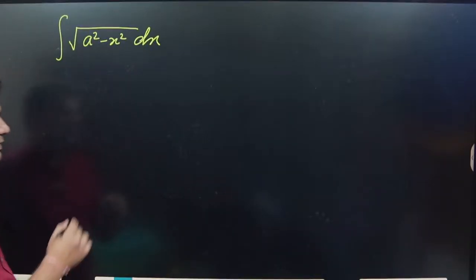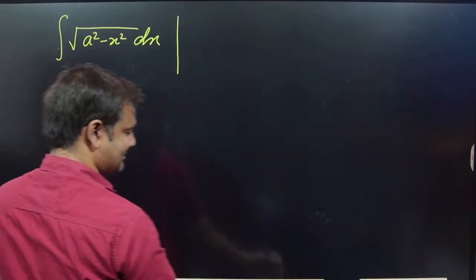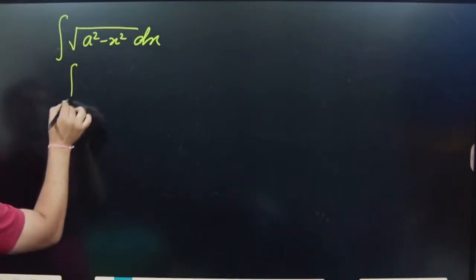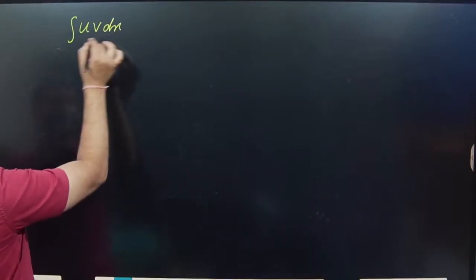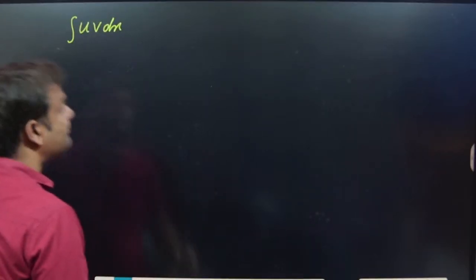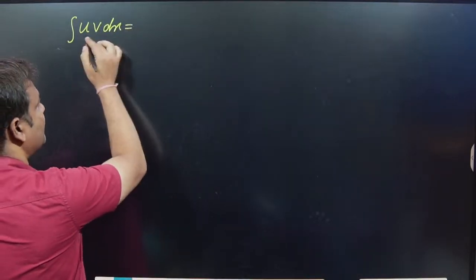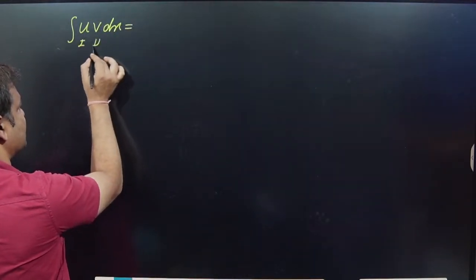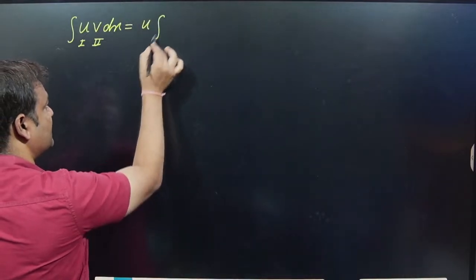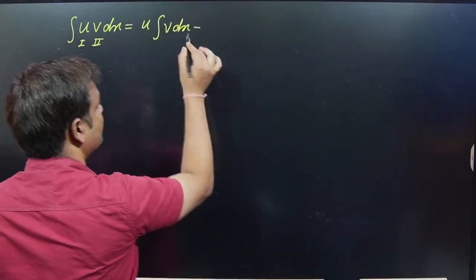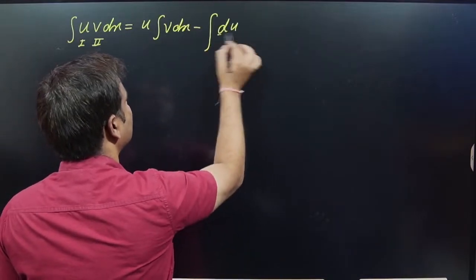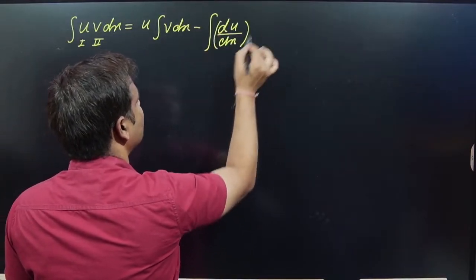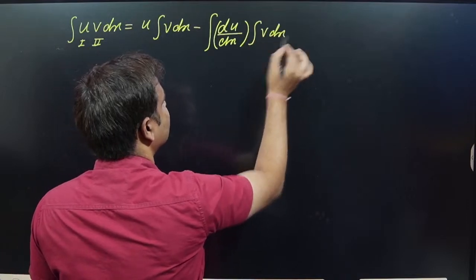I know that in double integral, basically the formula of two functions, if two functions are given u and v, okay, then if this one is first and that one second, first into integration of second minus differentiation of first into integration of v dx.